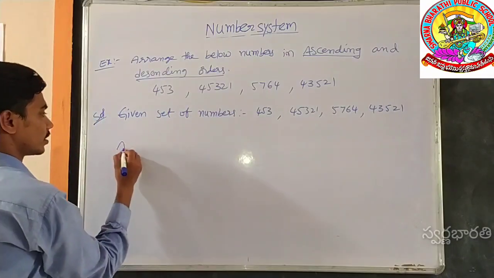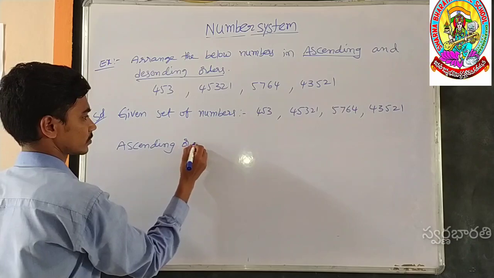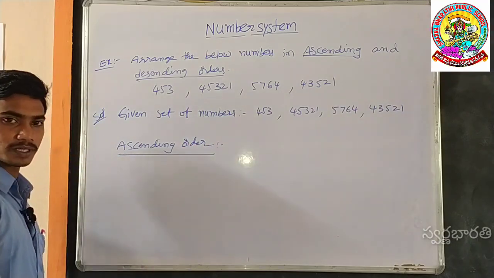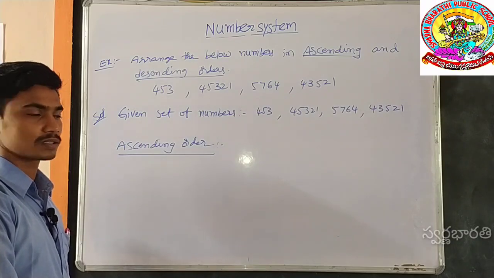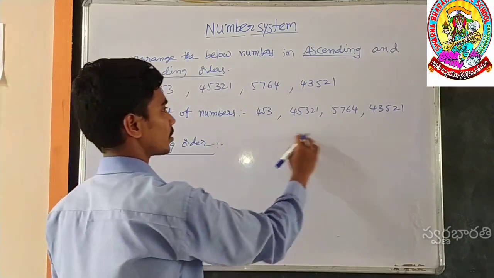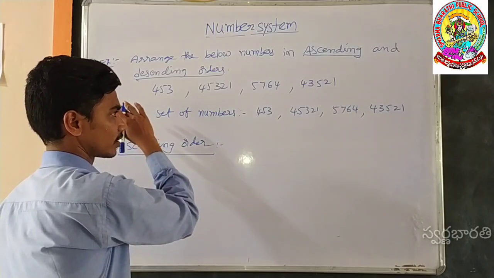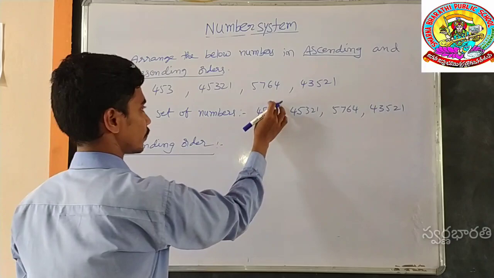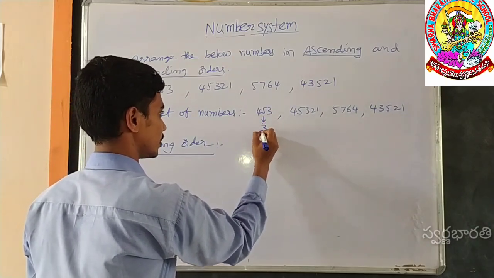First one is ascending order: arranging numbers from smallest to biggest. Here we have to decide which is the smallest number. Recall the rules learnt before. Here 453, how many digits does it have? It has 3.